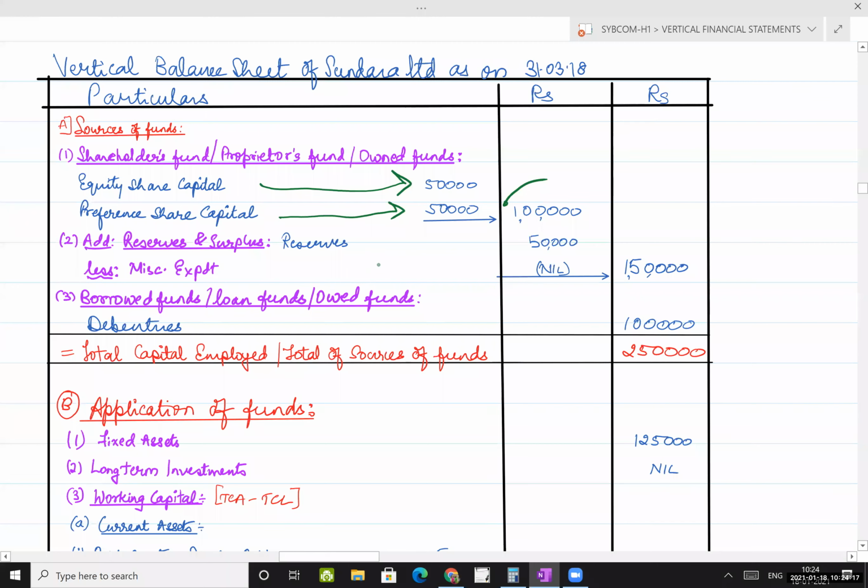Next, add reserves and surplus 5,000 less miscellaneous expenditure not given in the question. Okay, total on this and take it in the last column. So 1 lakh plus 5,000 plus 50,000 is 1 lakh 50,000.